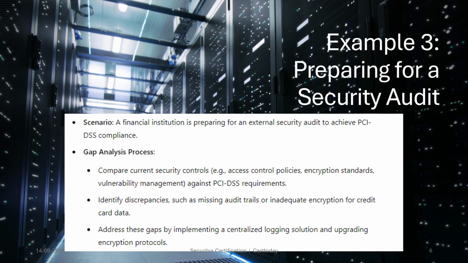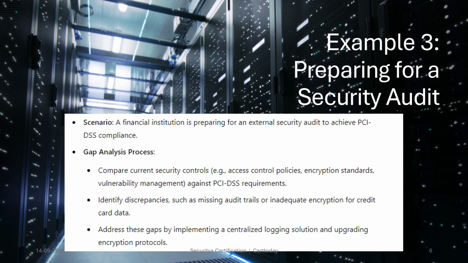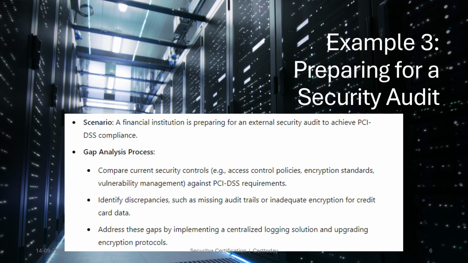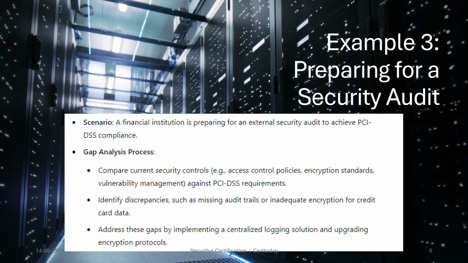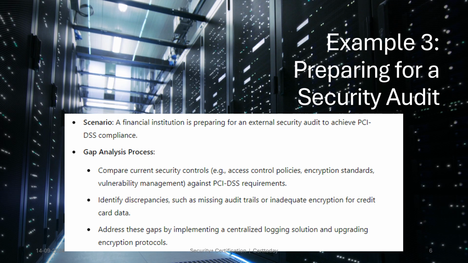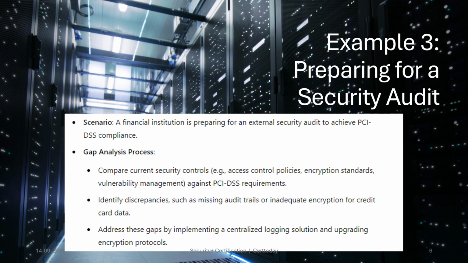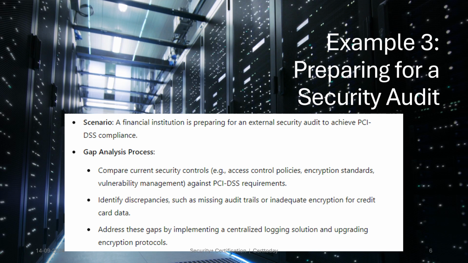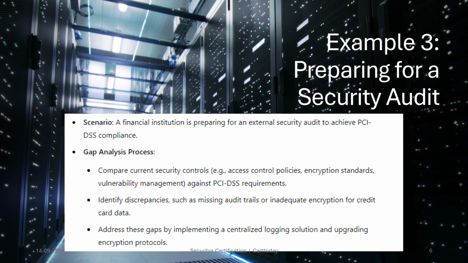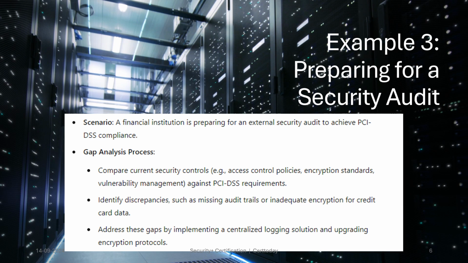Example 3, preparing for a security audit. Let's say that a financial institution is preparing for an external security audit to achieve PCI DSS compliance. The gap analysis process will look like this. One, compare current security controls, that is, access control policies, encryption standards, vulnerability management, against PCI DSS requirements.